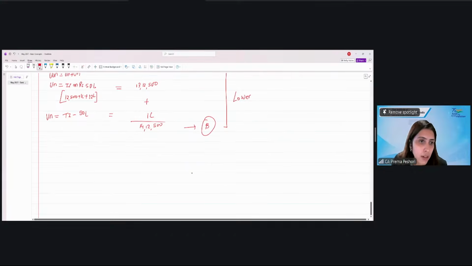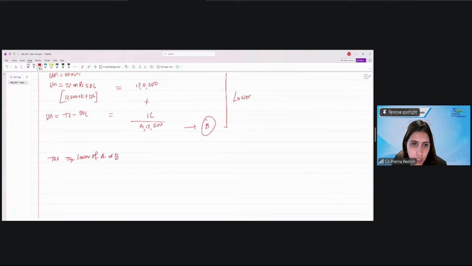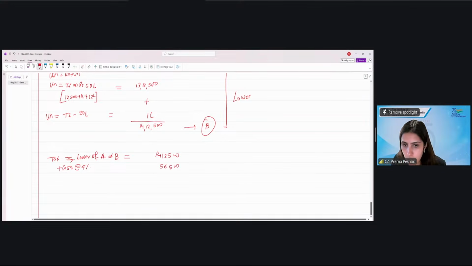So my tax liability will be the lower of A or B, which is equal to 14 lakh 12,500. On this, I will add a cess of 4%, which is 56,500.